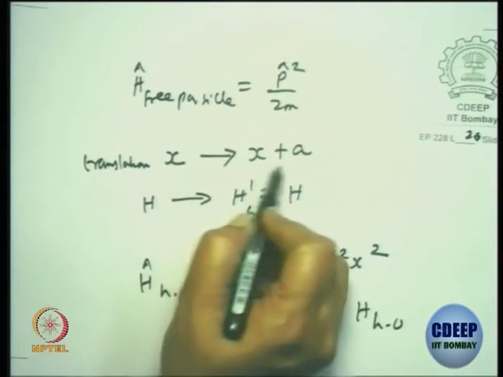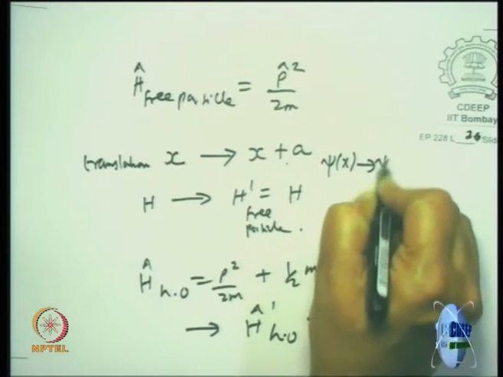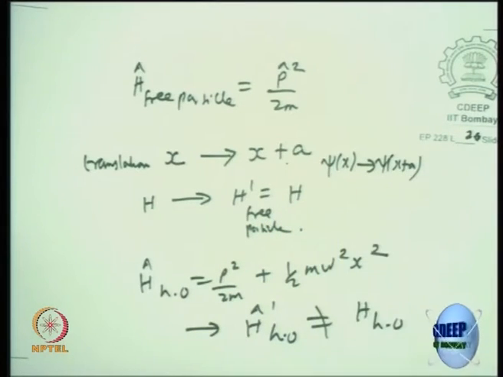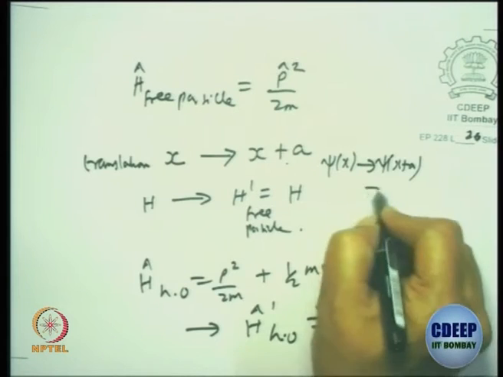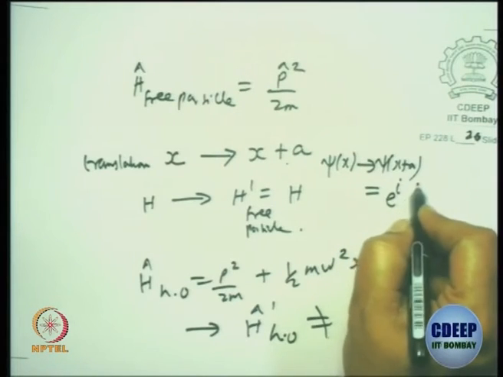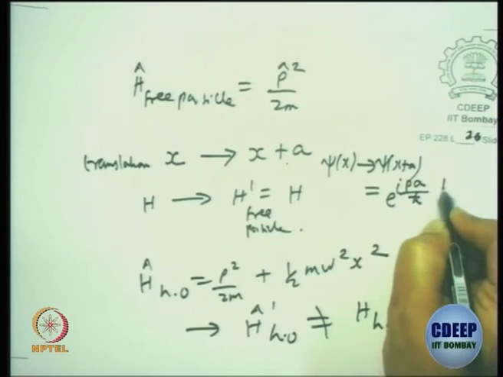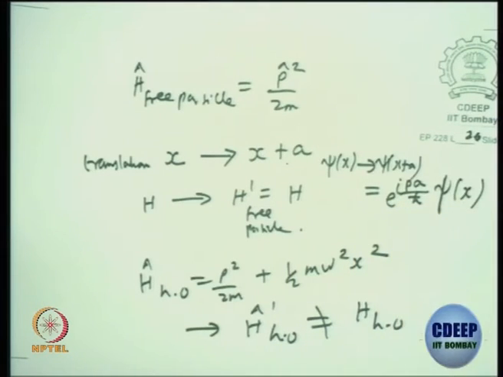And when I do this transformation, any wave function psi of x goes to psi of x plus a, and I could rewrite this as e to the power of i p a by h cross on psi of x, right. This is what we have done in your assignment. It's a Taylor series expansion which I have compactly written.